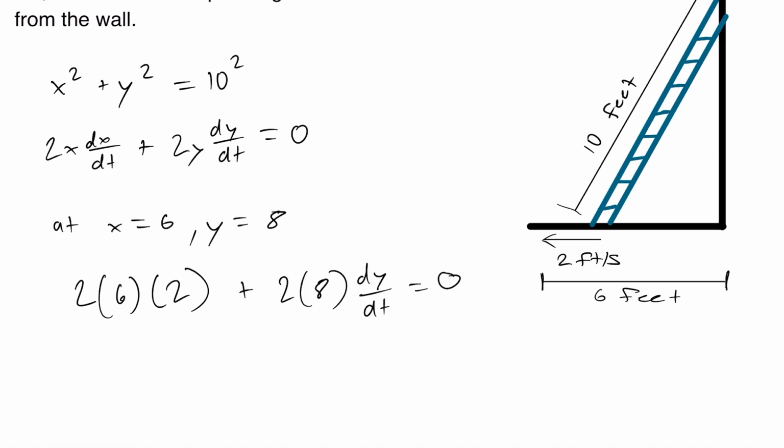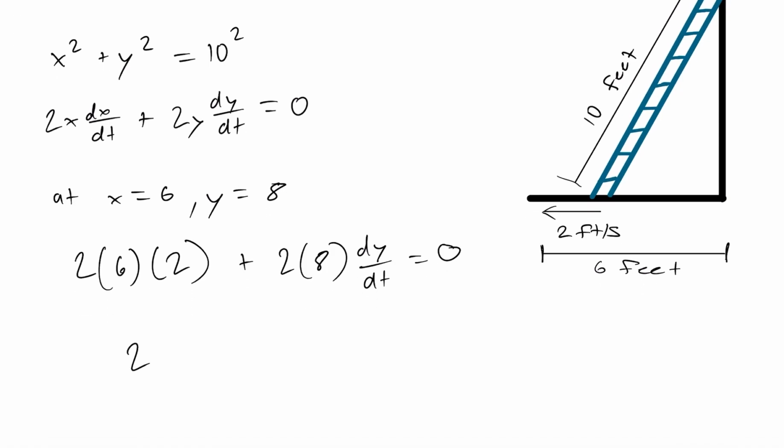And then if we simplify this out, we go 24 plus 16 dy over dt is going to be equal to 0. And then dy over dt, when we isolate, is going to be equal to negative 1.5 feet per second.